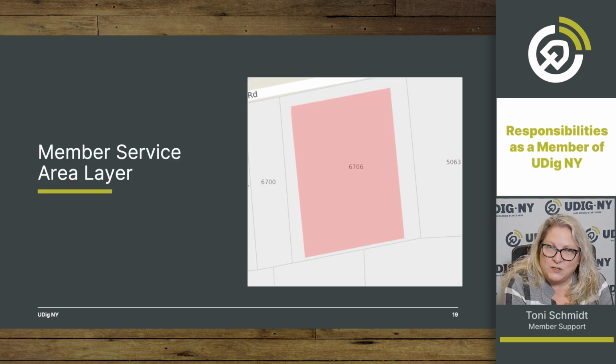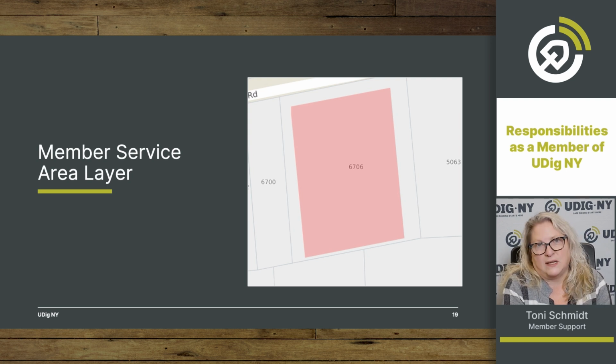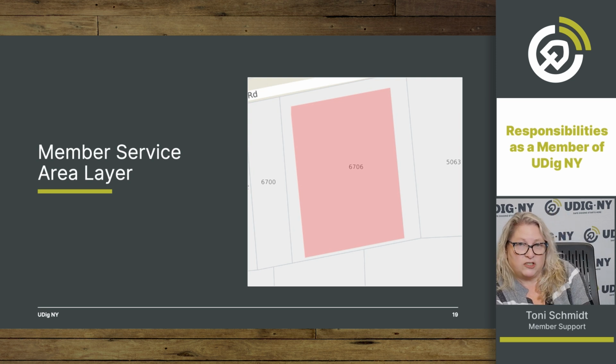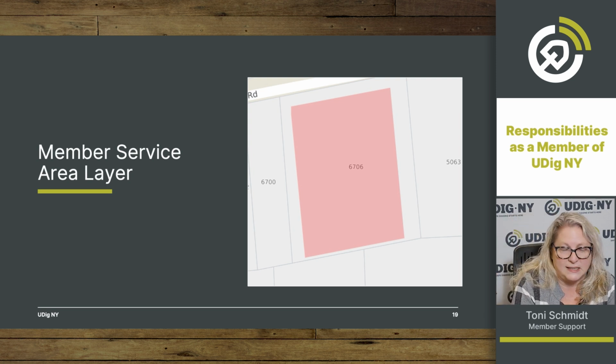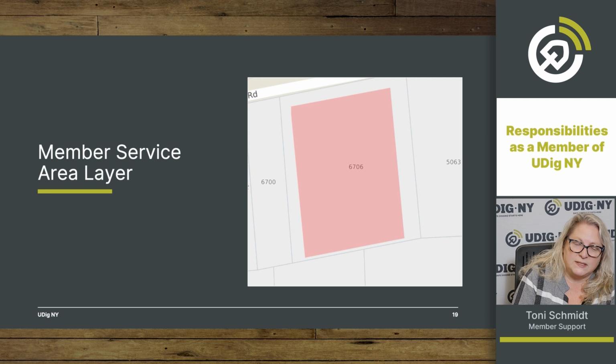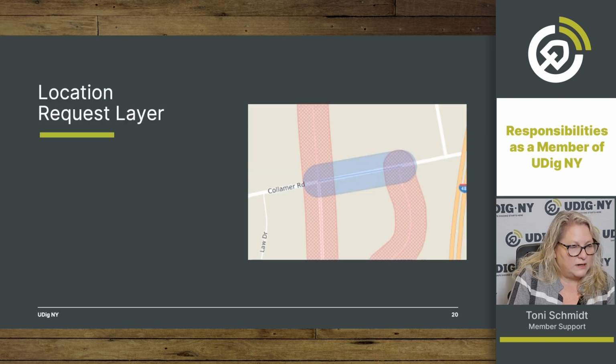When a membership is created, the member's mapping contact creates a service area registration map layer. The mapping contact uses polygons to draw a general area of where they have underground facilities or where they need to be notified. If they have import shapefiles, they can also import these into the Exactix system. The service area map layer is shown here in solid pink.